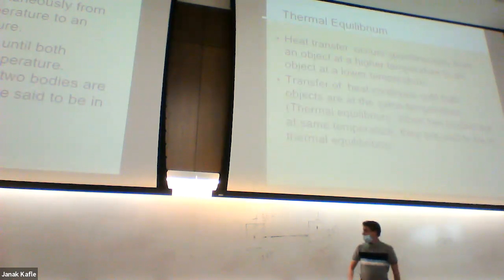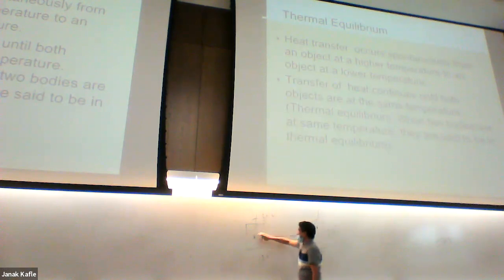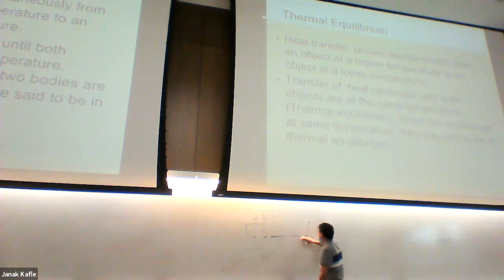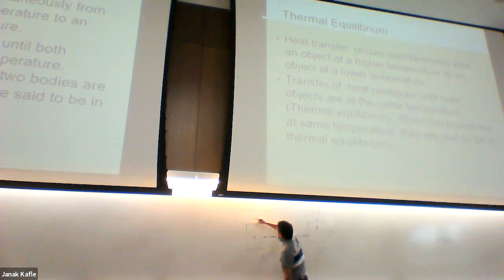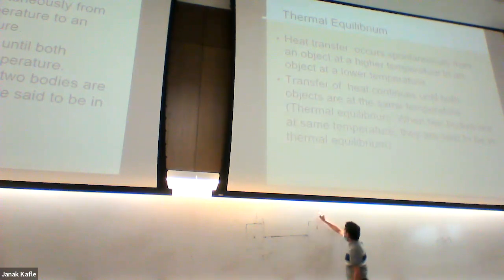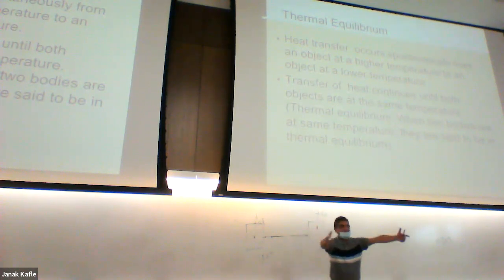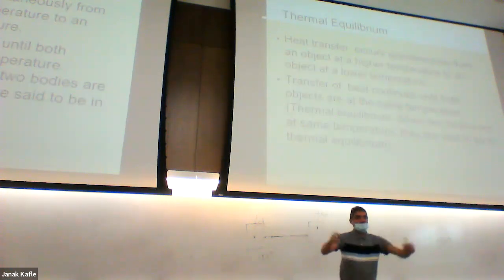At the beginning it was 80 and 25. Now one comes down to about 50 degrees centigrade and the other goes up to about 50. Both now have the same temperature. This condition is called thermal equilibrium.